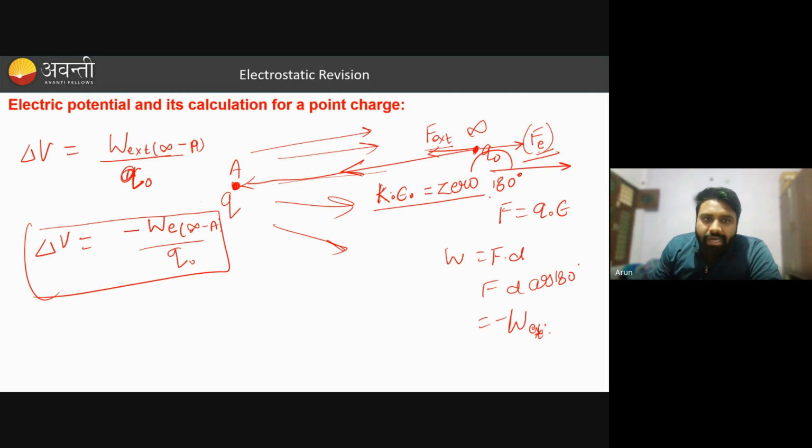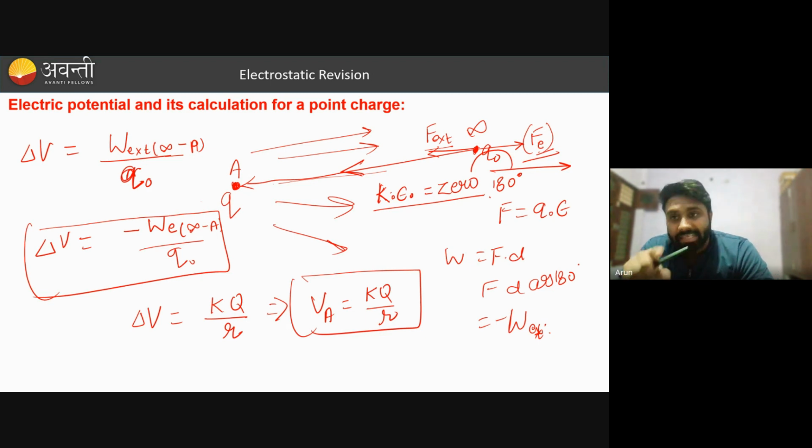So for a point charge, if you apply this formula to bring that point charge, this delta V will become KQ upon R. Okay, and you will take V infinity as 0. So the exact potential of this point charge will be KQ upon small r.